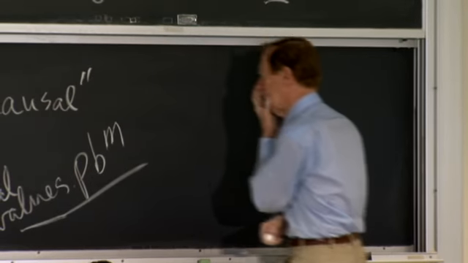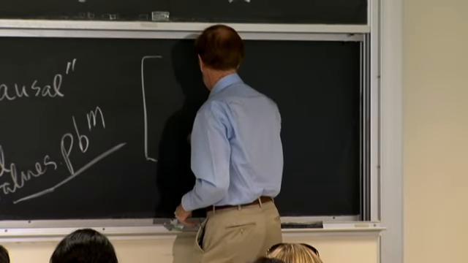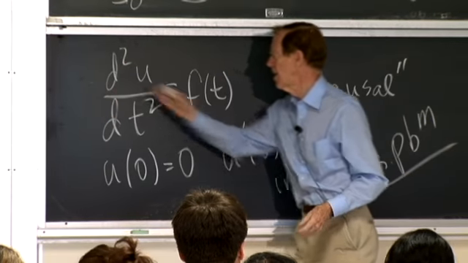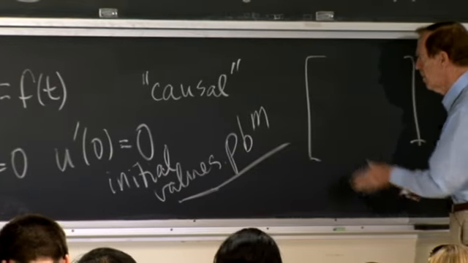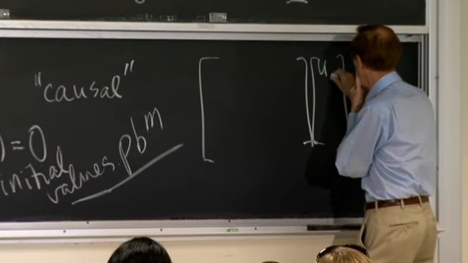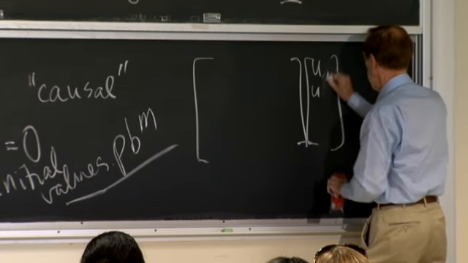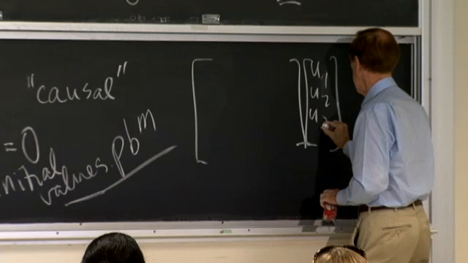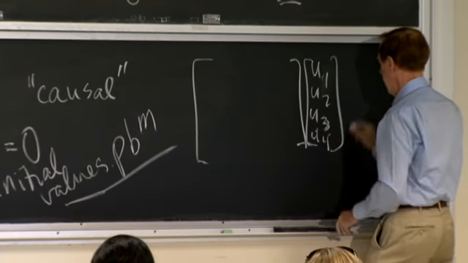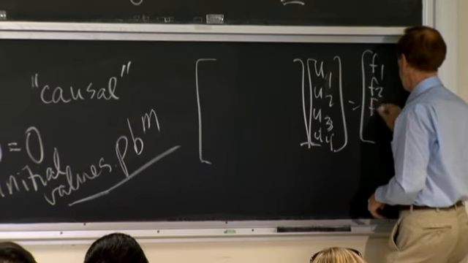What would the matrix look like? Here's what I think it would be. I've made this plus there, just so I'll have to remember that. I'm looking at U0, U1, no, well, U0 I actually know, so let me start with U1, U2, U3, U4, equal to the right side, F1, F2, F3, F4.